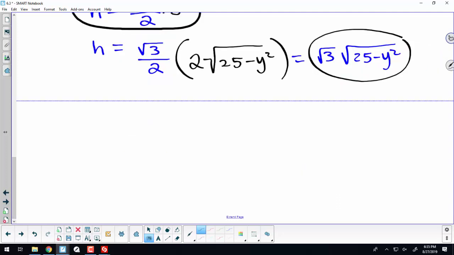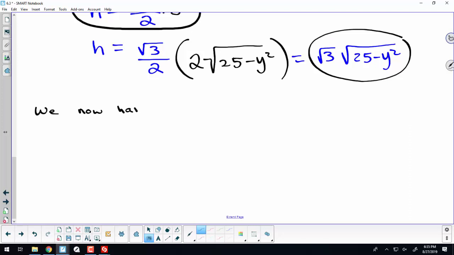Okay. So we'll say that we now have h and b in terms of y, to plug into the area function.